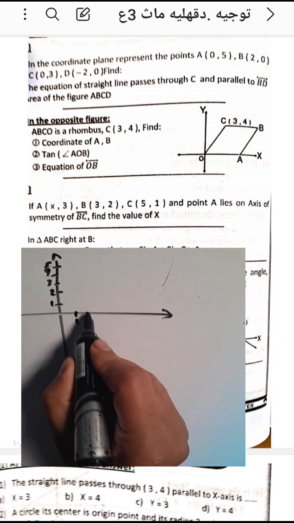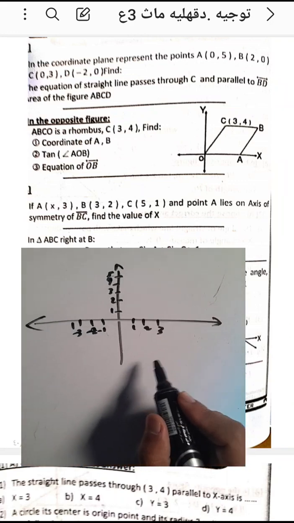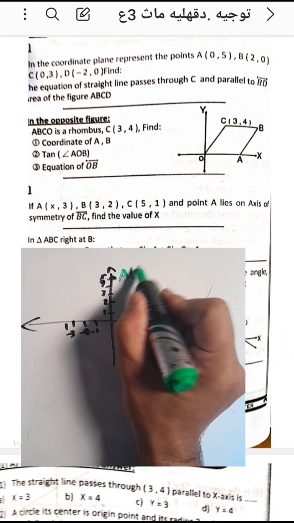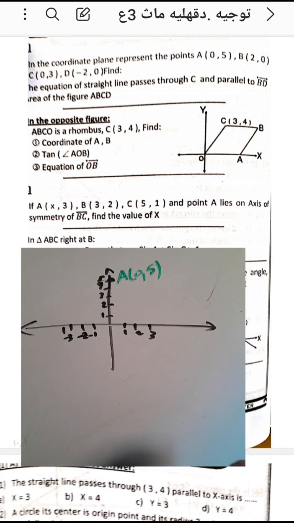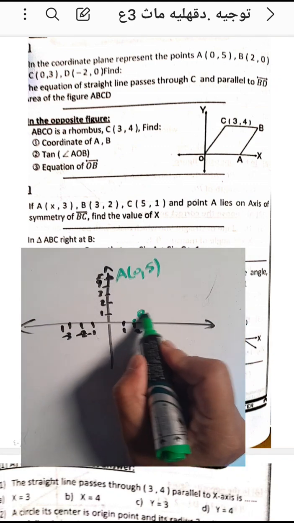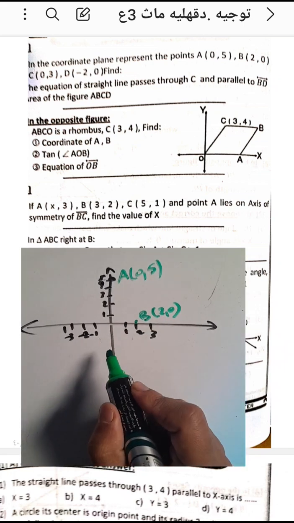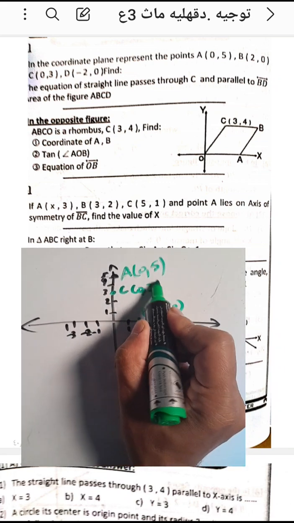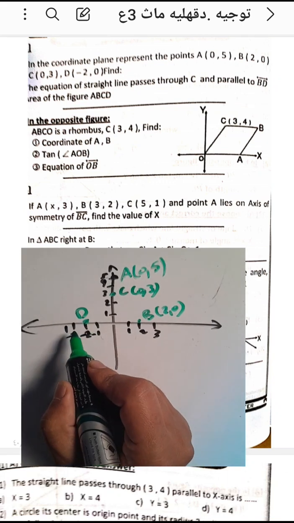Okay, first point A is 0 and 5, and B is 2 and 0, and C is 0 and 3, and D is -2 and 0.